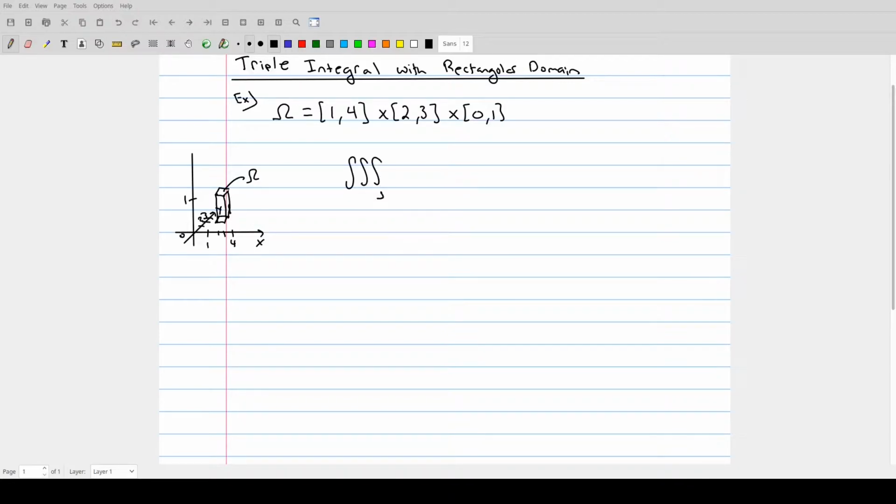So the notation for this is we say that we have a triple integral of some function. Just for example, we'll take the function x squared plus y squared plus z squared.